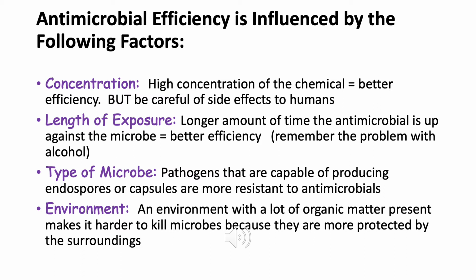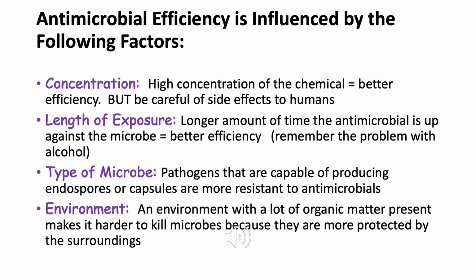The third factor is that it depends on the type of microbe. So pathogens that are capable of producing endospores or capsules, for example, are more resistant to antimicrobials because those help them to be more protected. And then the fourth factor is the environment.